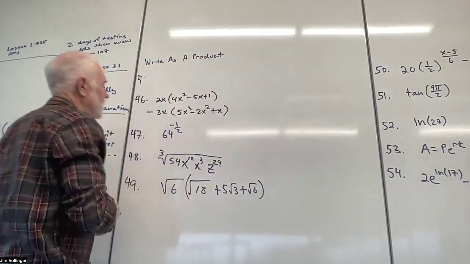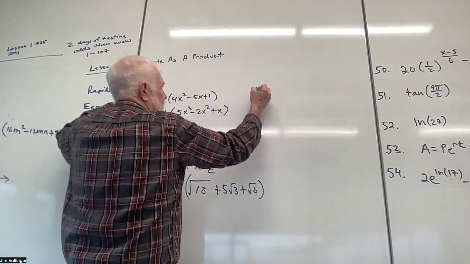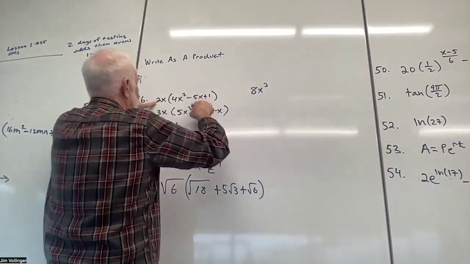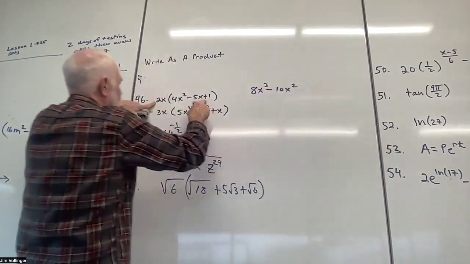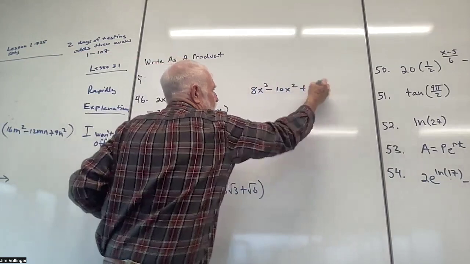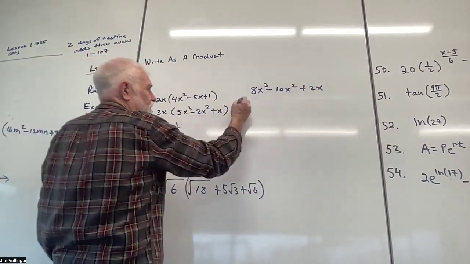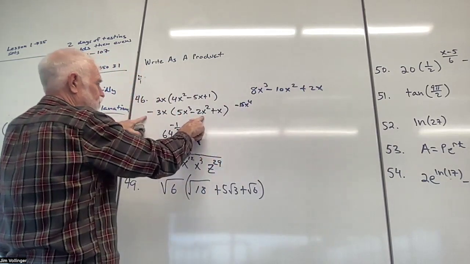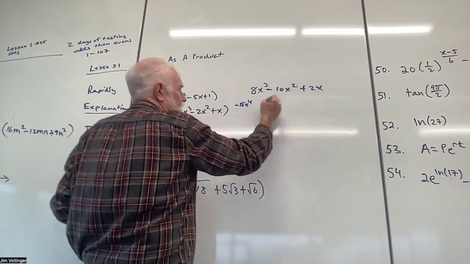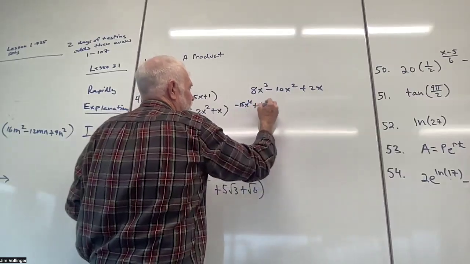All right. I like to do columns, so I've got 8x cubed. I've got minus 10x squared. And I've got 2x. Now I'm going to multiply that. I got minus 15x to the 4th. Next, it's got some cubes. Positive 6x cubed.